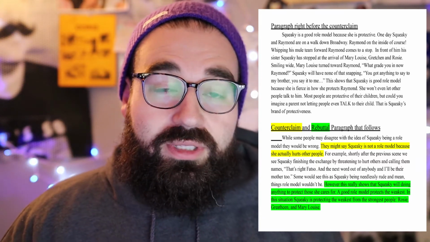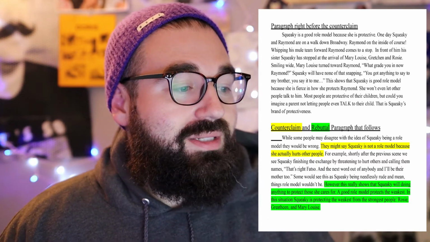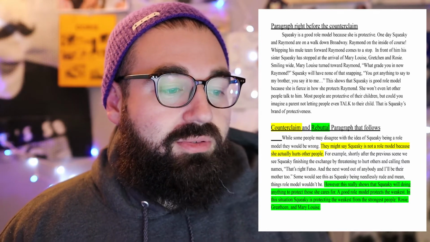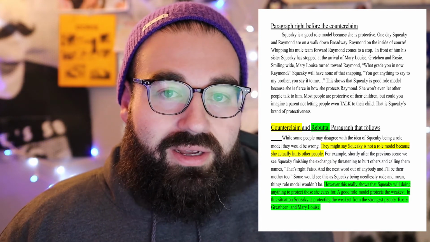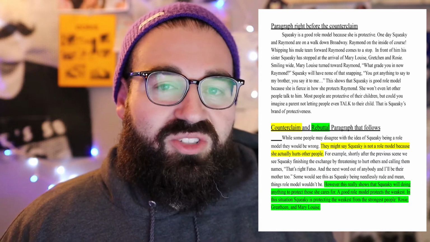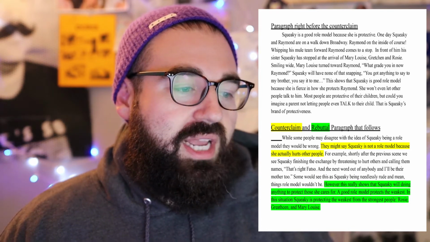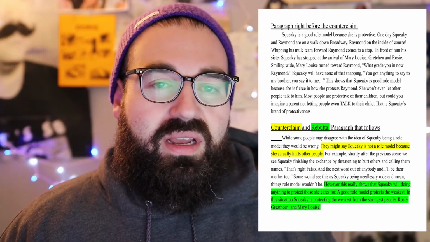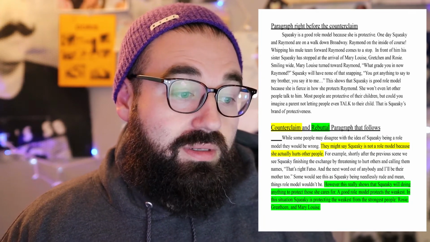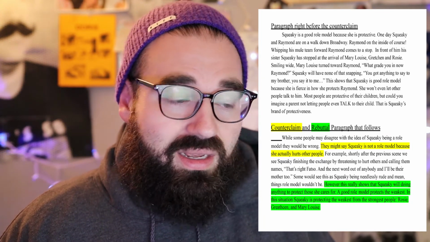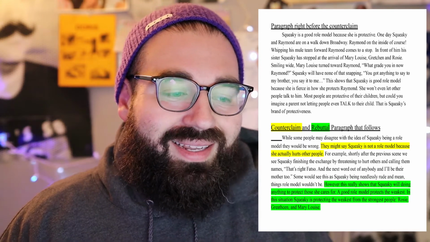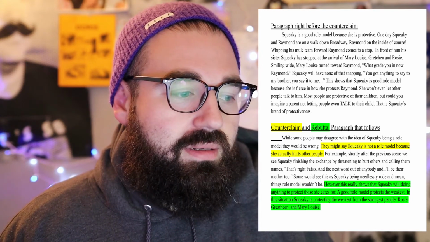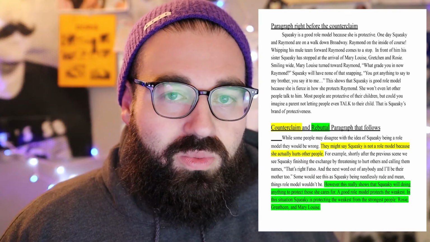For example, shortly after the previous scene, we see Squeaky finishing the exchange by threatening to hurt others and calling them names. That's right, fatso. And the next word out of anybody, and I'll be their mother too. Some would see this as Squeaky being needlessly rude and mean. Things role models wouldn't be.